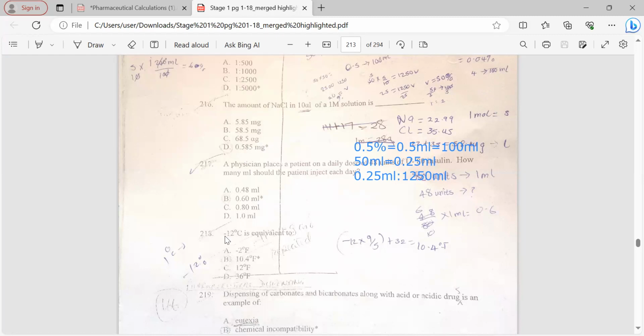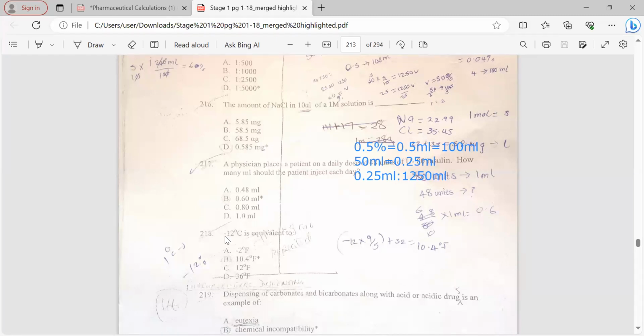When did you say that? I said it four times today, and we said the SI unit of temperature is kelvin. But sir, if you do that, your answer is here. See, you've said 12 times 9 divided by 5. What did you get?